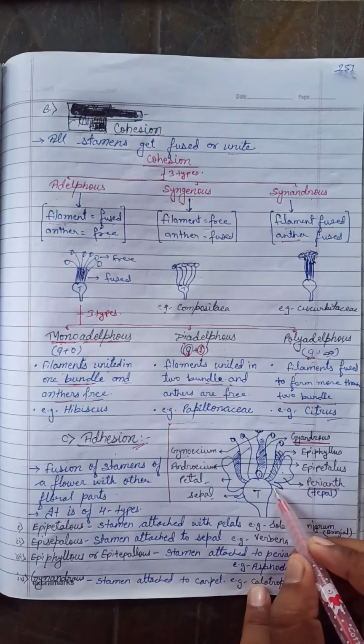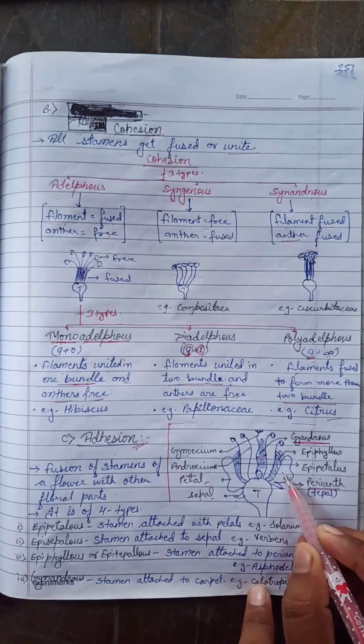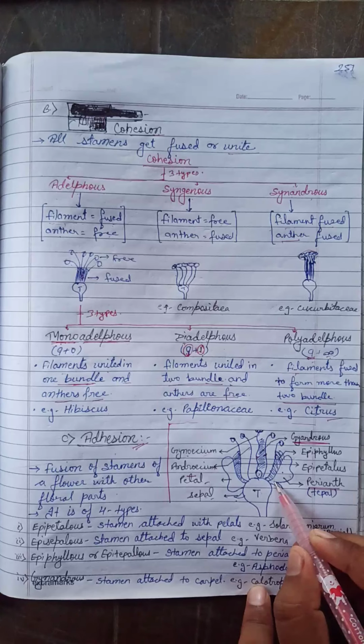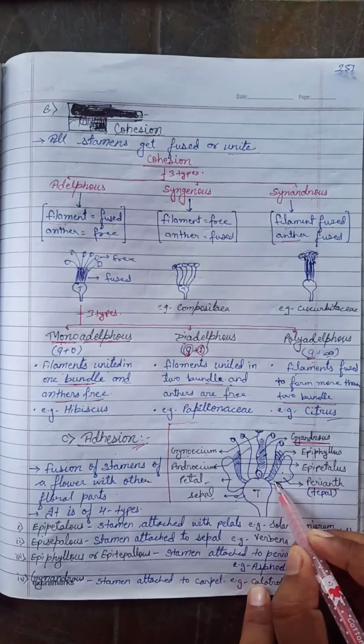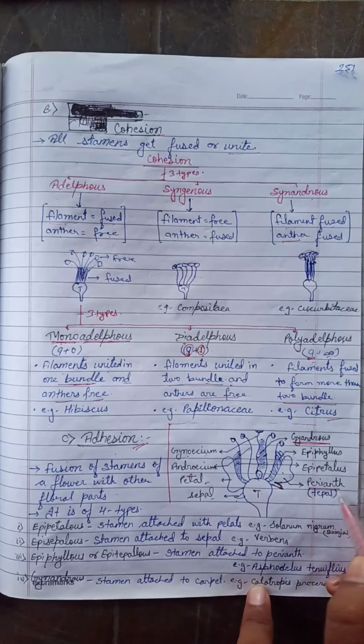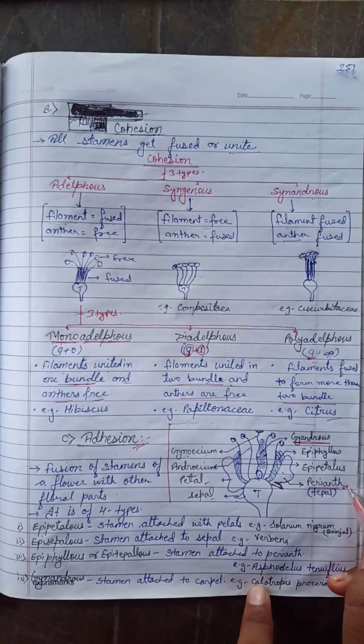Here we are not getting separate sepals and petals; this is the connective part for sepals and petals, called perianth.